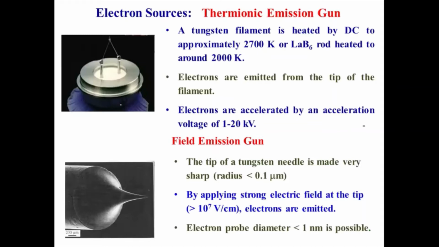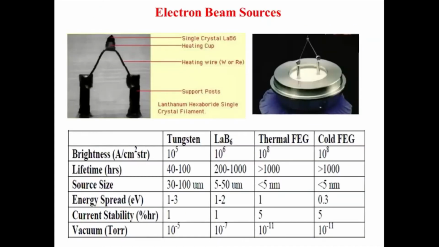So these are the two kinds of electron sources used in scanning electron microscopes, and the technical differences are listed below. What kind of materials are used commercially? Either you make use of tungsten or lanthanum hexaboride, LaB6, because of its low work function. Again, work function is nothing but the amount of energy required to remove an electron from a condensed state into vacuum.